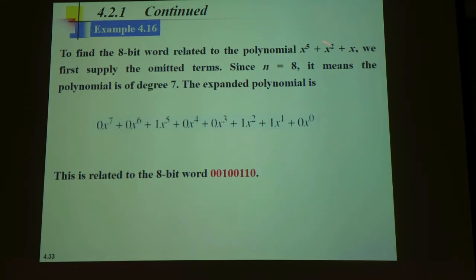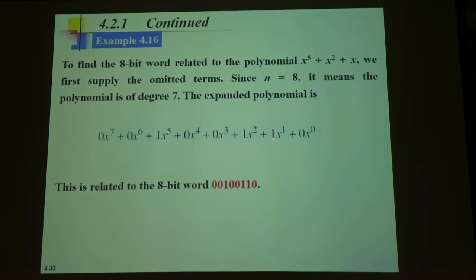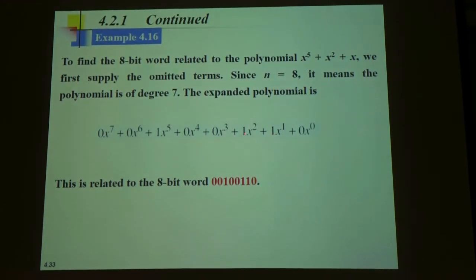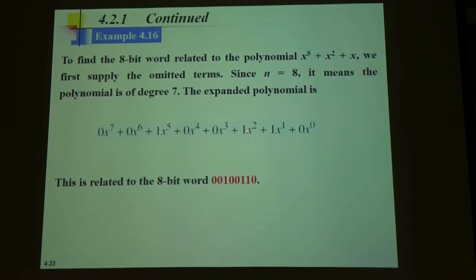I need to convert this to bits. Easy or not easy? Easy. So how do I do that? There is no 1, that means the coefficient was 0. For x, the coefficient was 1. For x squared, the coefficient was 1. For x cubed, the coefficient was 0. For x to the 4, 0. For x to the 5, it was 1.